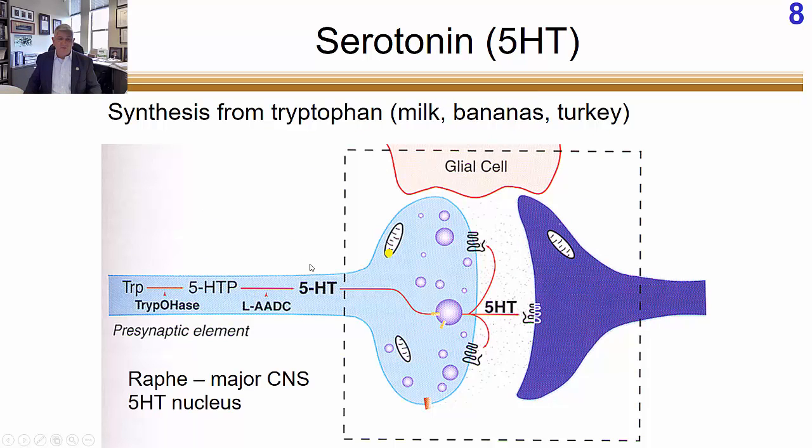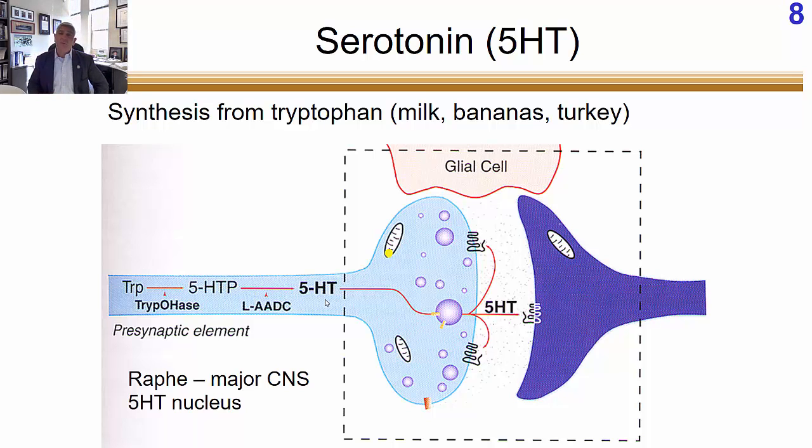Serotonin, as I mentioned, is synthesized from tryptophan. It actually goes through a two-stage process to get to 5-HT, which is serotonin. Serotonin has a major source of release in the Raphe nucleus, also found in the brainstem, along with locus coeruleus. And again, serotonin is neuromodulatory.